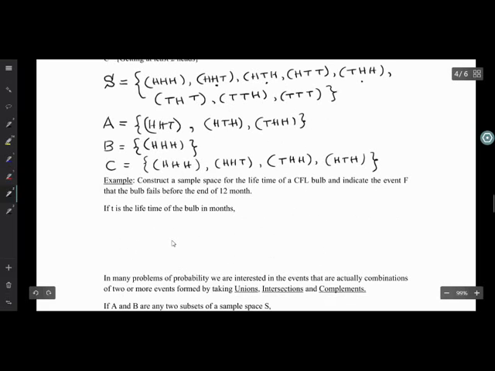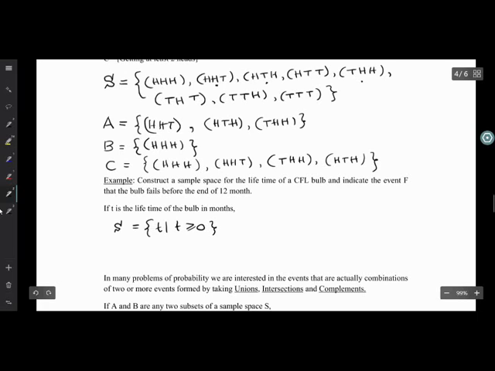The next example is a little bit different. We want to construct the sample space for the lifetime of a CFL bulb and indicate the event F as the bulb fails before the end of 12 months. So let's define T as the lifetime of the bulb. So our sample space will be T such that T is greater than or equal to 0.